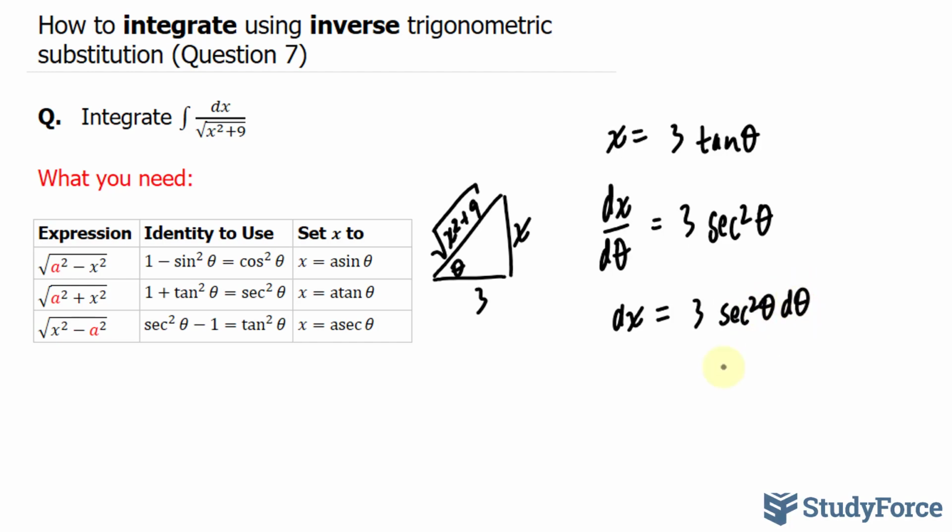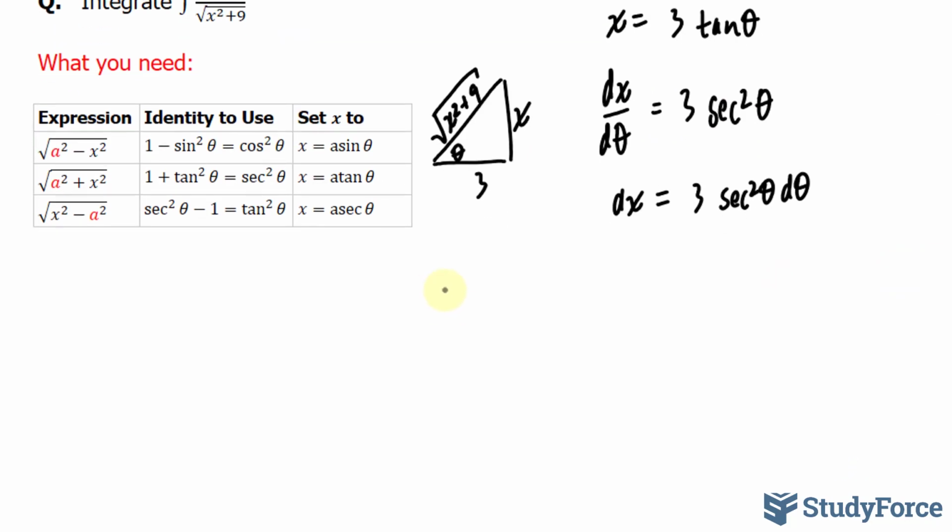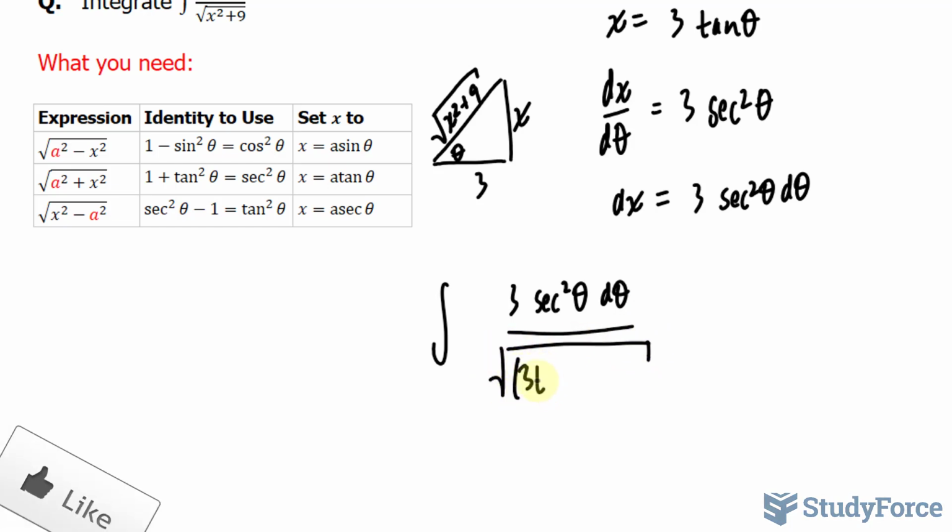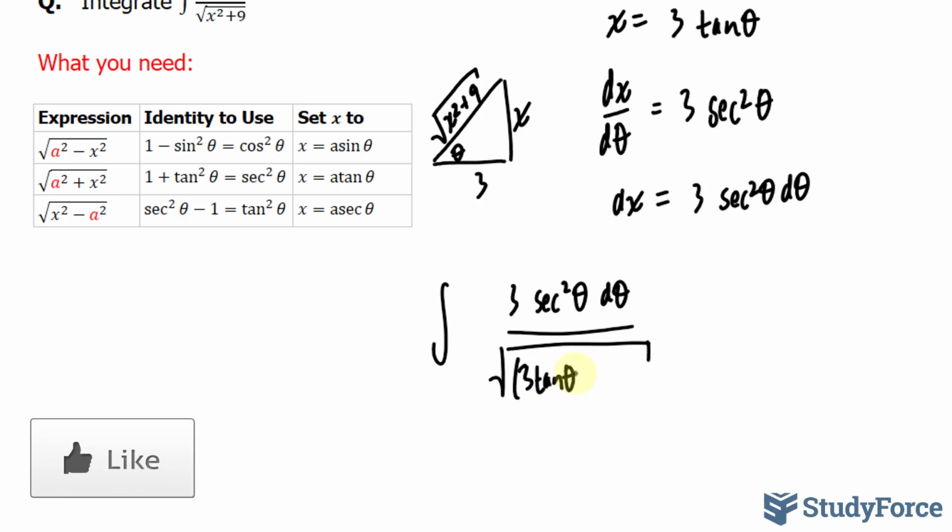So, in my next step, I'll substitute what we found for dx, and I'll substitute this x with what I set it as, giving us the integral of 3 secant squared theta d theta over, and at the bottom I'll write down the square root of bracket 3 times tangent theta squared plus 9.